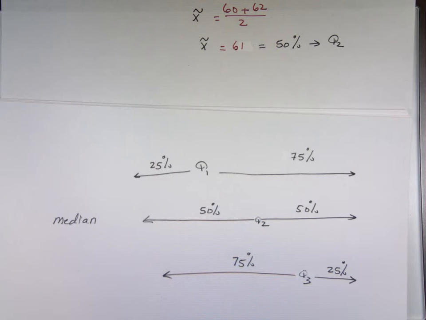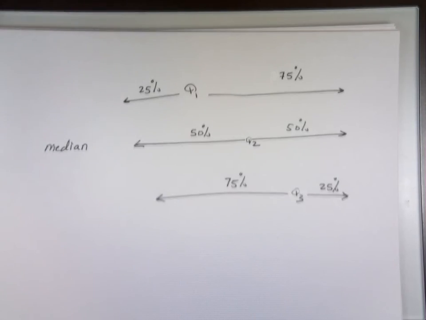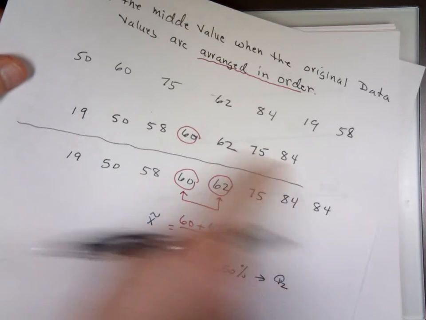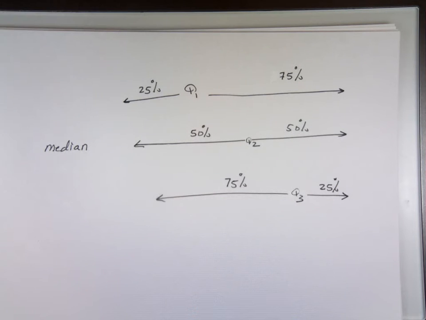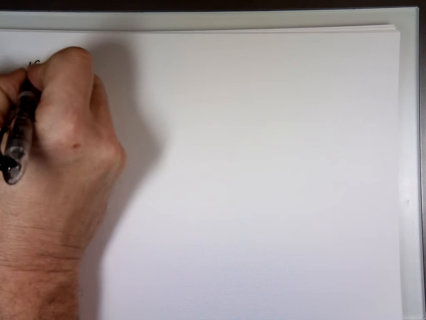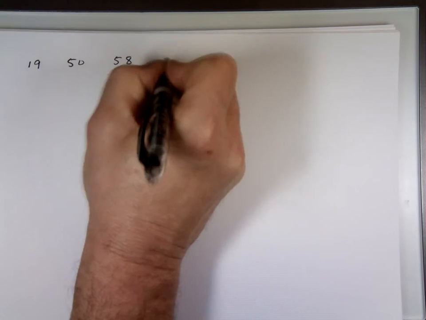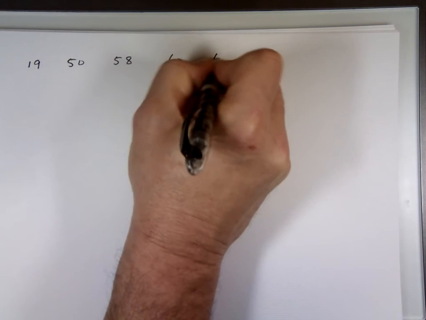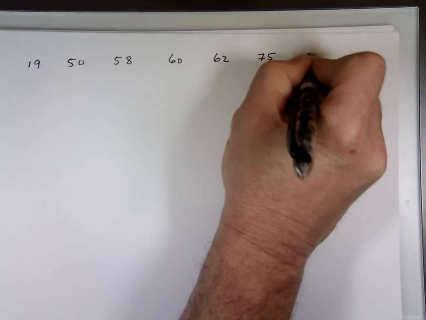Let's go back to these 2 examples. I want to find Q1, Q2, and Q3. I'll go back to these numbers. Let me start with the first example when I had an odd number. I had 50, 58, 60, 62, 75, and 84, put in order.